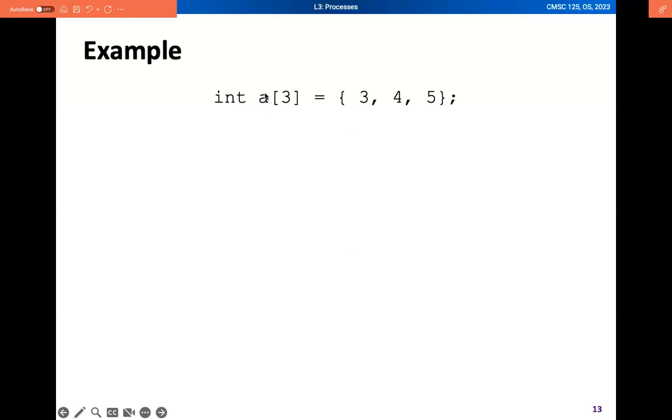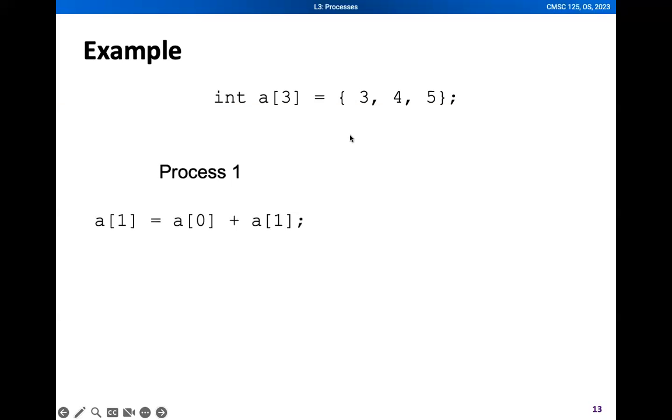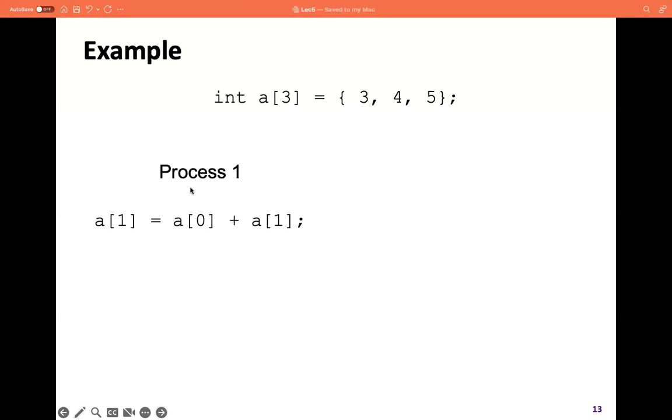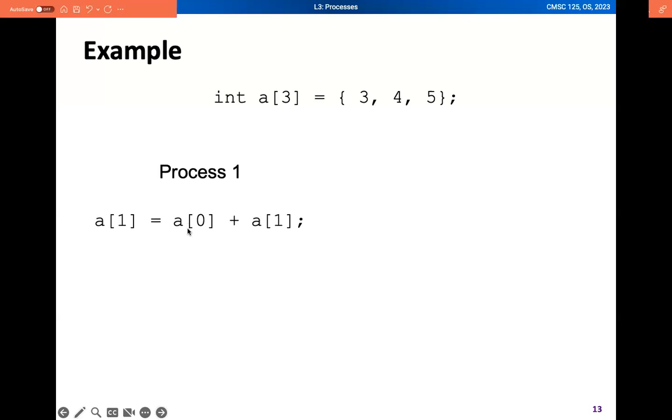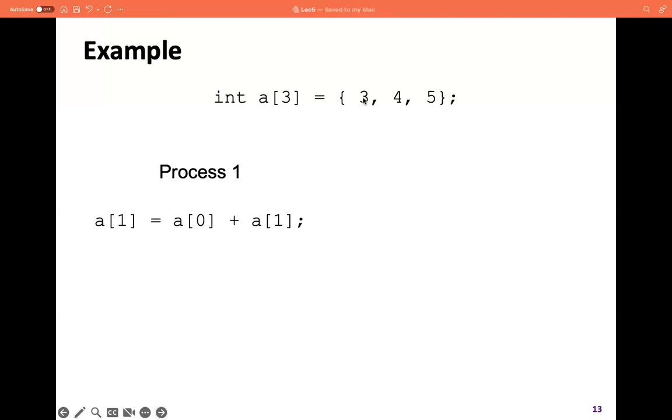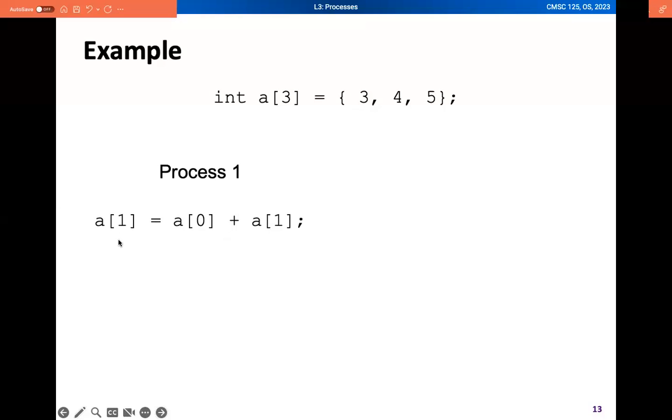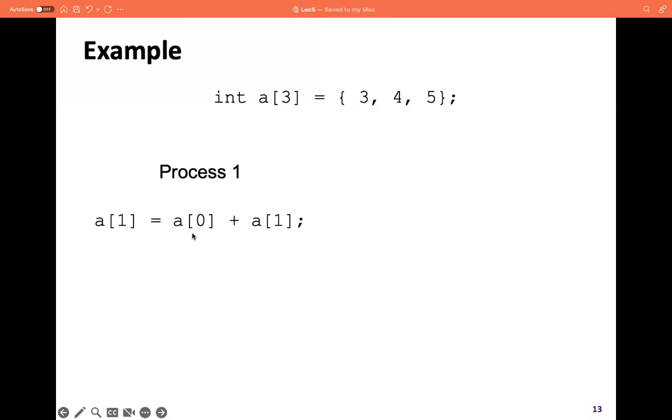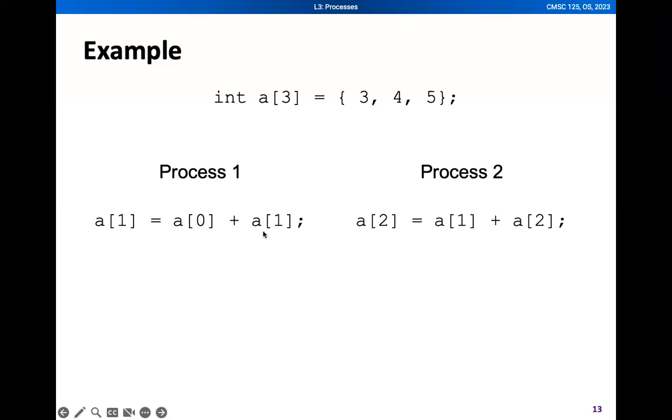So let's say we have this example. We have an array A with three elements: 3, 4, and 5. And we have these two processes. Process 1 is adding A[0] and A[1], meaning we are adding the first two elements and storing it in A[1]. In other words, we are changing the value of A[1] with the sum of A[0] and A[1].